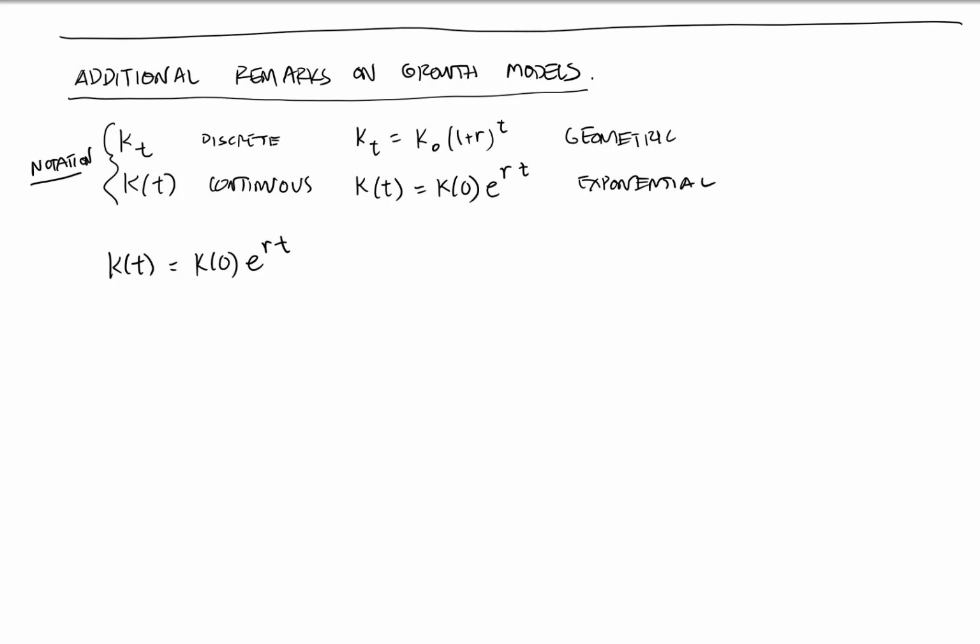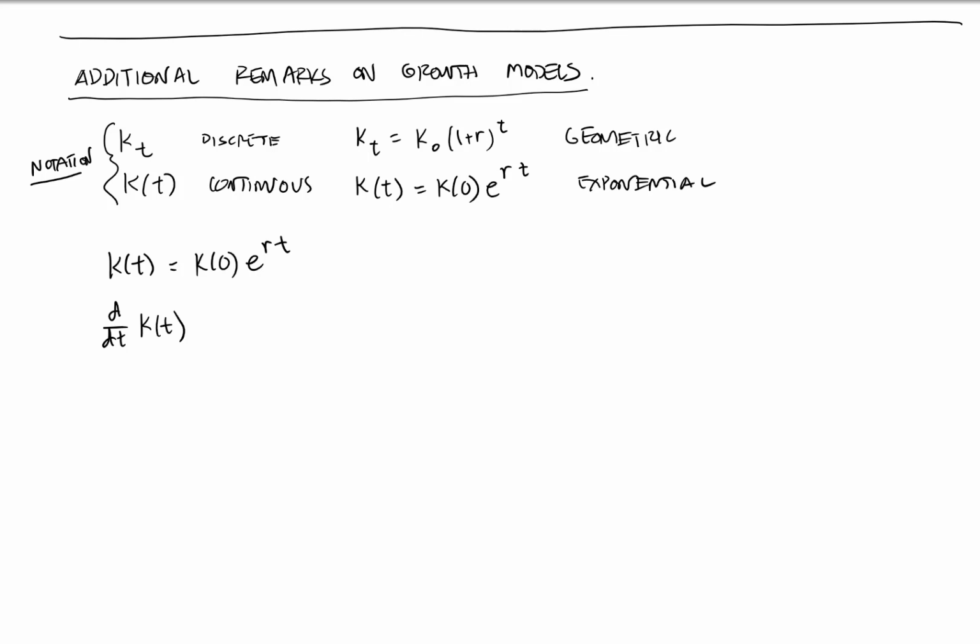And in this case, I'm going to ask a question, and the question is, what happens to the change? How does k of t change over time? K of t is a continuous function that tells us what the population is over time. So a natural question is, what is the change in k of t over time? That's d/dt k of t.